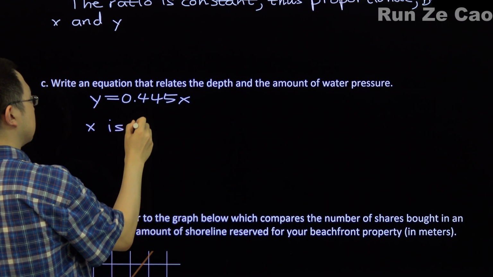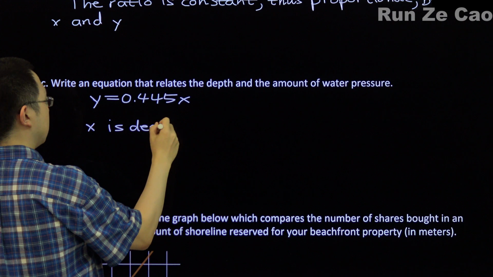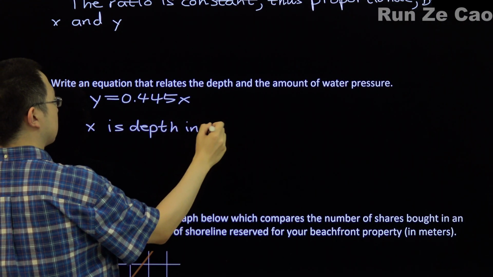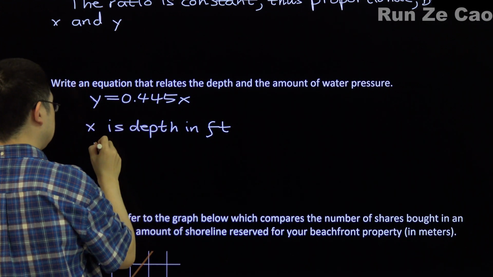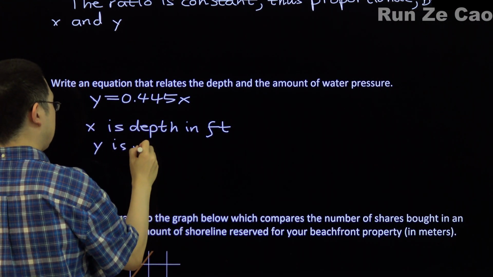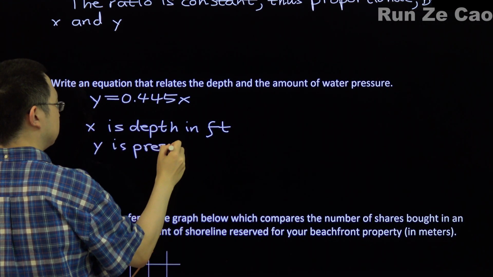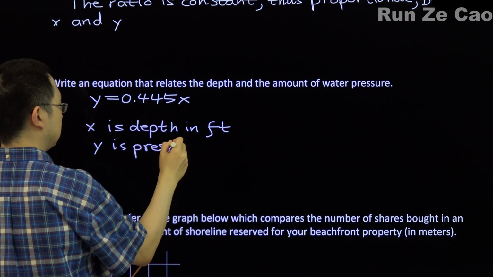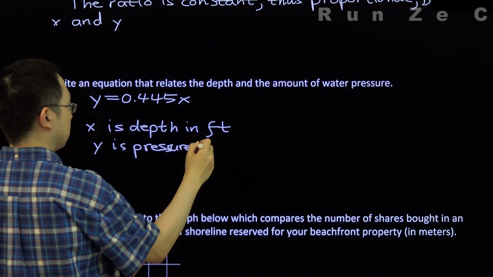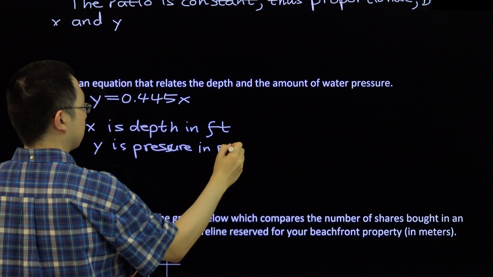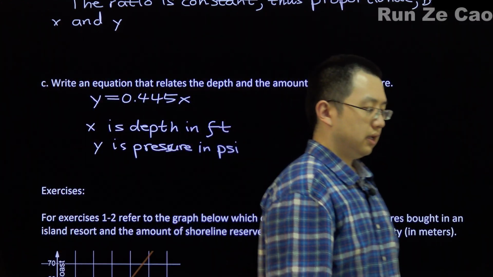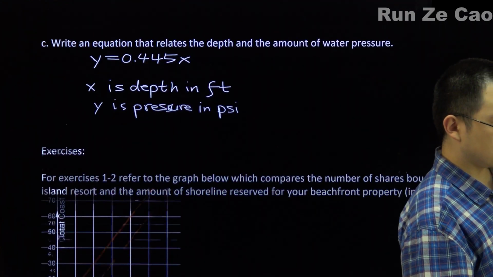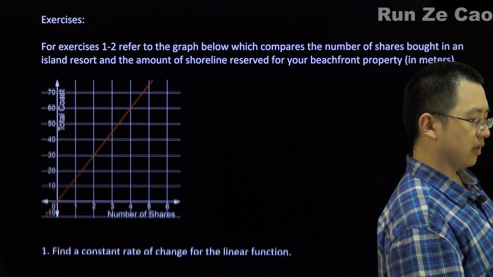X is depth in feet, and y is pressure in PSI. PSI is pounds per square inch, and it's still a unit you see quite a bit, actually, even outside the US.